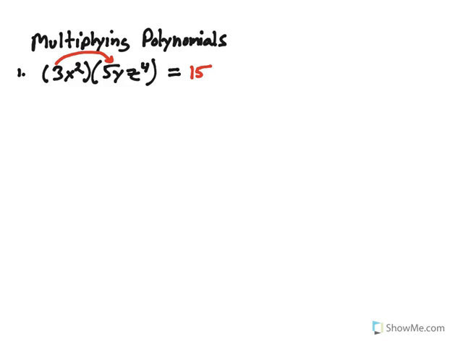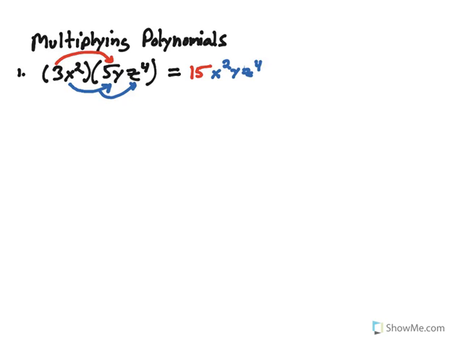Since all of those are different variables, we can't combine the exponents. So we're just going to do x squared times y and then times z fourth. And when you do that, you're going to get x squared y z to the fourth.